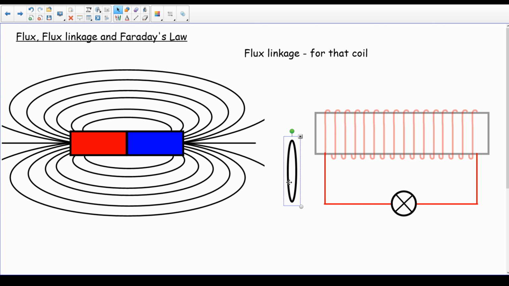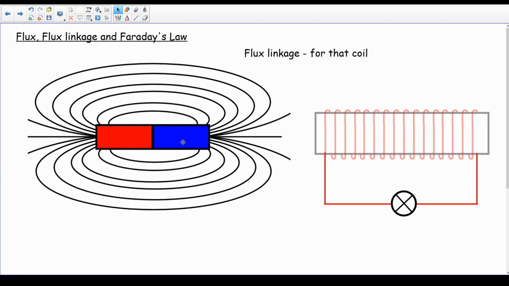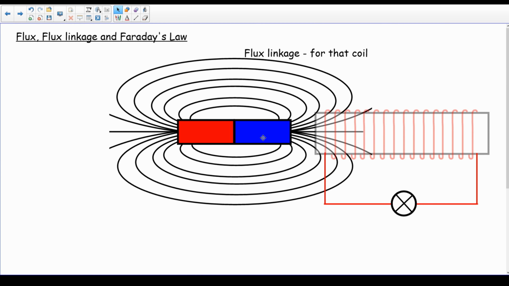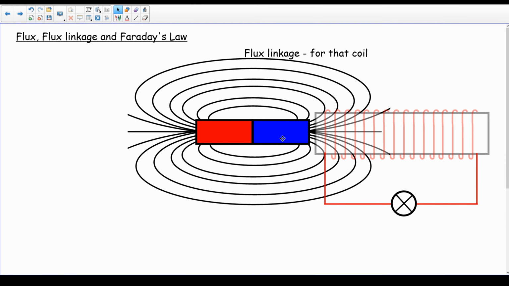Okay, and that's fine. For a single coil, flux linkage is just the amount of flux that's traveling through that particular coil. But for an entire solenoid, the flux linkage is how much flux is actually being captured by all of the coils. So if we have this one here, we have 1, 2, 3, 4, 5, 6, 7 of these coils all catching flux.